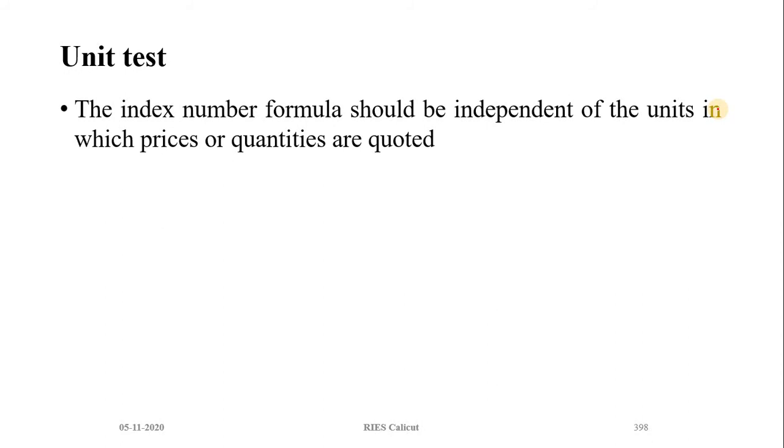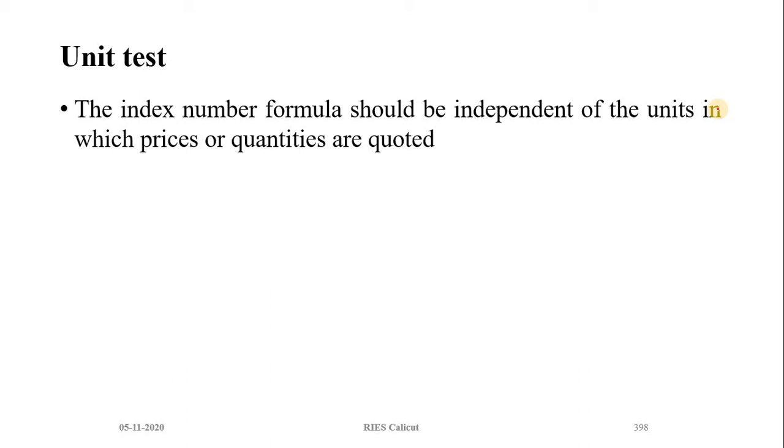Okay. So the unit test, the simplest thing, says that the index number formula should be independent of the unit in which prices or quantities are quoted. This is a very simple thing, since we are comparing different commodities' prices and quantities. These commodities are measured in different units of measurement.